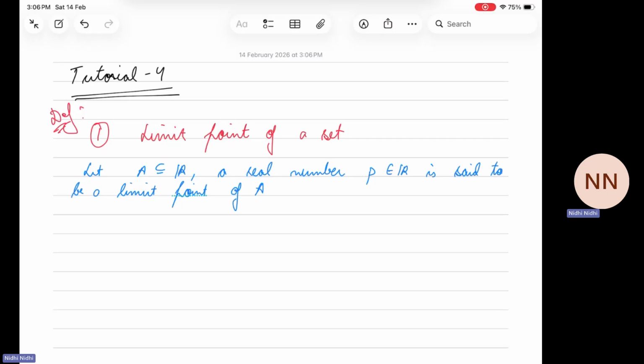P is a real number, and we say that P is a limit point of A if the open interval P minus R to P plus R intersection with the set A minus P is non-empty for every R positive.